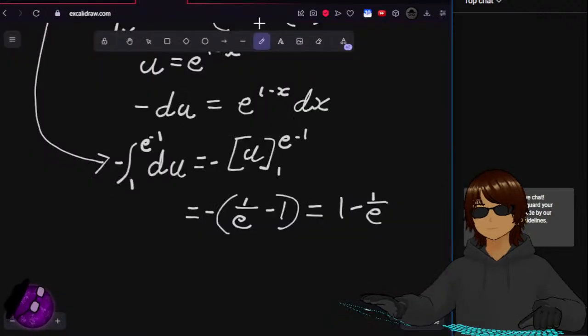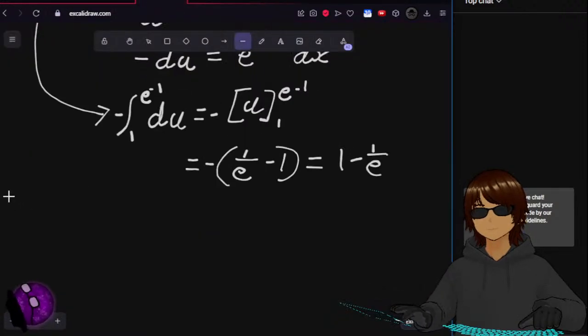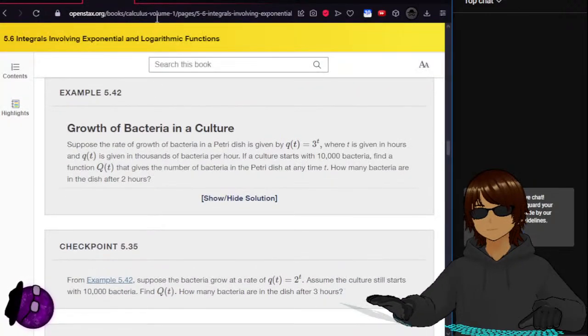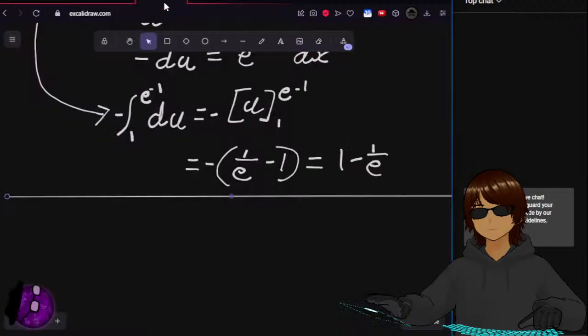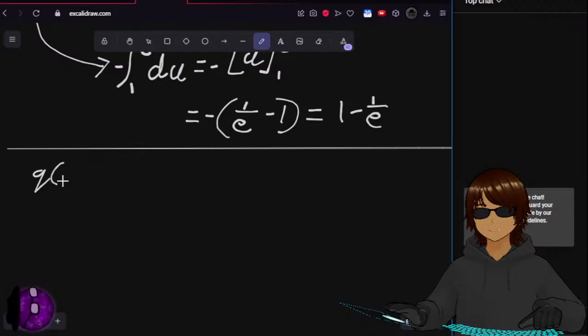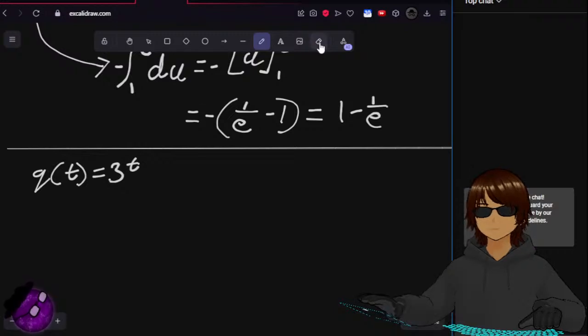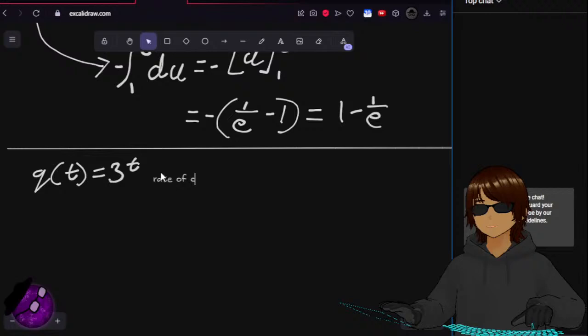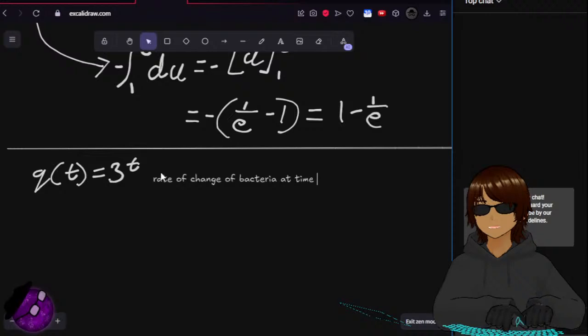Hold on. q(t) is equal to 3^t. Rate of change of bacteria at time t.